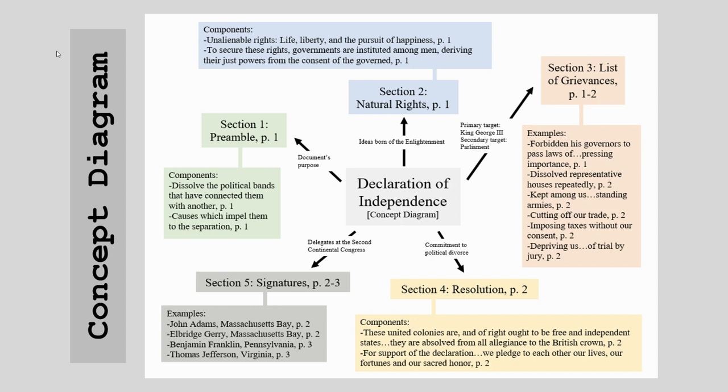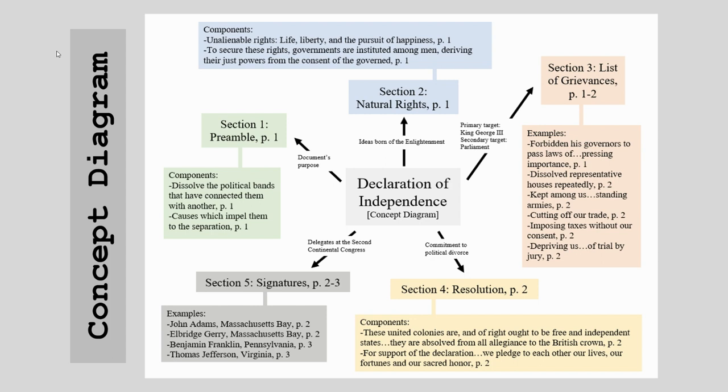You'll notice on that list, dissolving representative houses repeatedly. That's an item. Cutting off our trade. And then, of course, the most popular one everyone's ever heard of is imposing taxes without our consent. So those are the 6 that I chose, and I'm going to encourage you to develop this skill. That's really important to mention here.